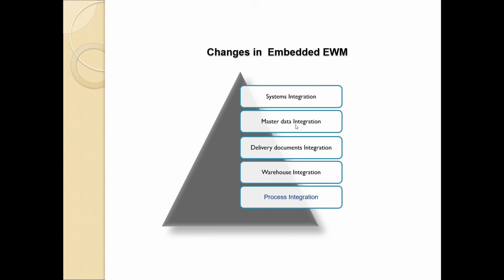But when it comes to S4, we do not have XK01 or XD01 or whatever it is. It's only one terminology which we'll call business partners. So this particular business partner, as well as your material masters, it's not even required to shift to the EWM system now. We will just be making use of the same master data that we have in the embedded systems. That's one thing actually.